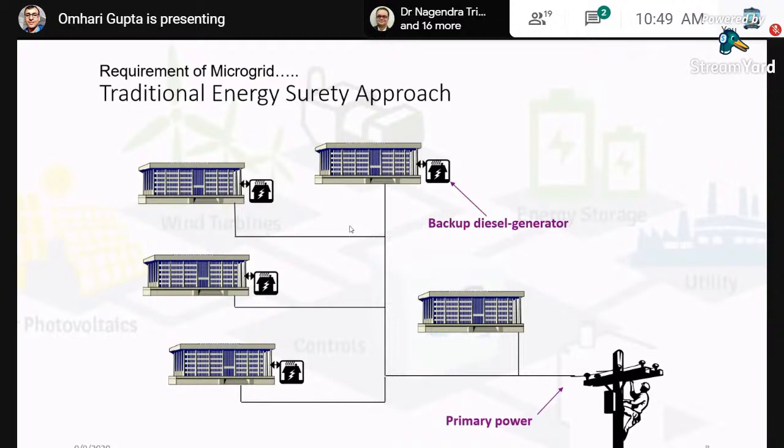So whenever the utility grid is gone, say the supply is interrupted, what you have to do? You have to start this diesel generator backup system, and this will obviously be supplying either all of the building loads, or the critical loads. Critical loads are to be supplied 24/7. So to supply them, you have to have backup in any way. Okay. So whenever this is gone, that means you can start this backup diesel generator.